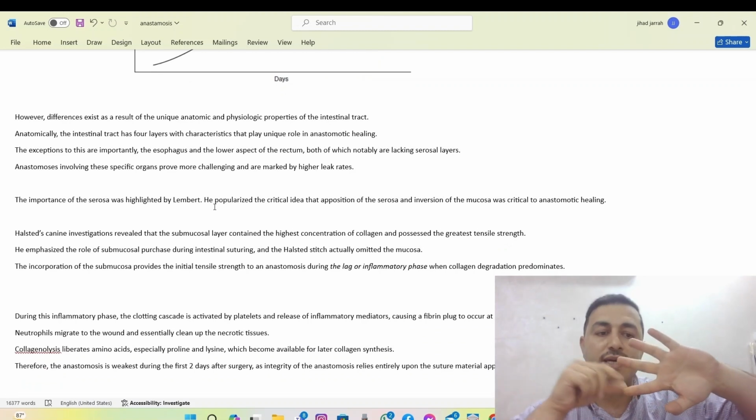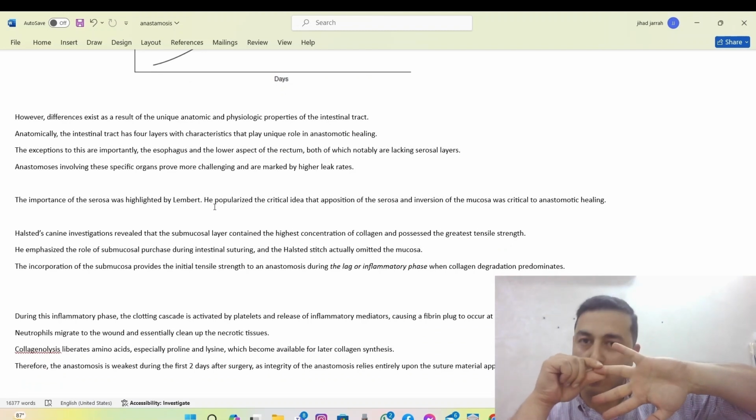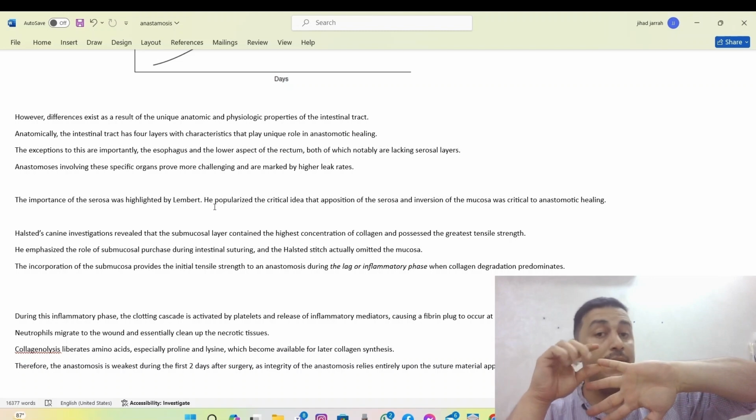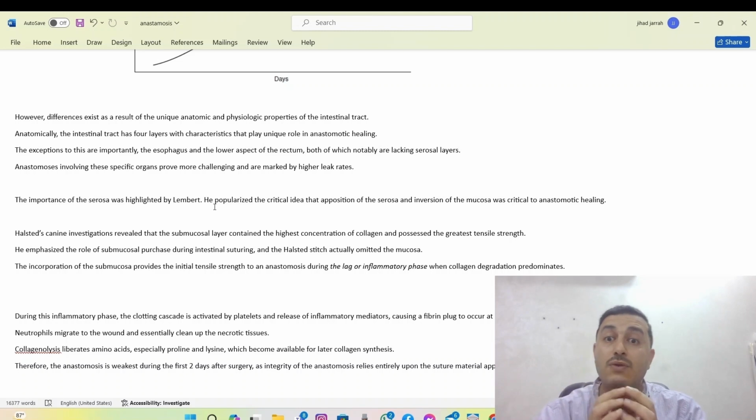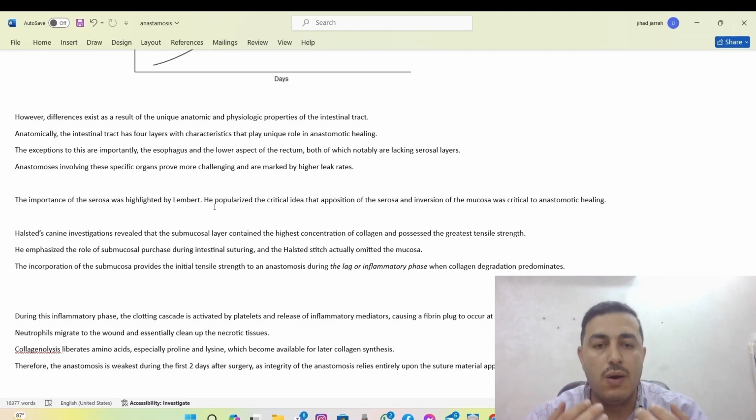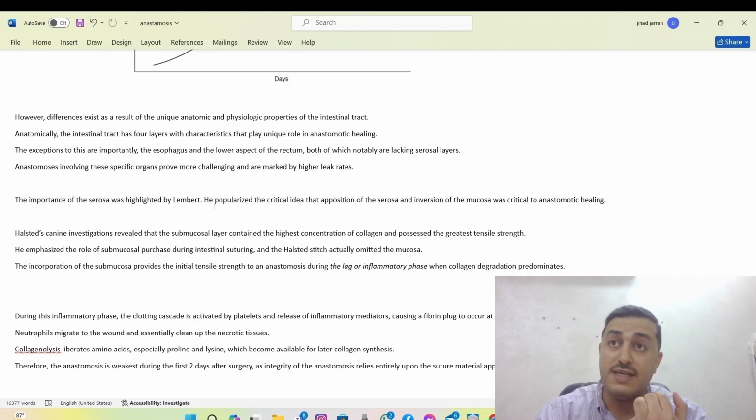Again, to understand what we are going to talk about, we have to understand that we have mucosa, submucosa, muscularis propria, and serosa. Some parts of the bowel do not have the serosa, and we notice that these parts have a high risk of leak, a high risk of not healing of the wound. These are, for example, the esophagus and the rectum.